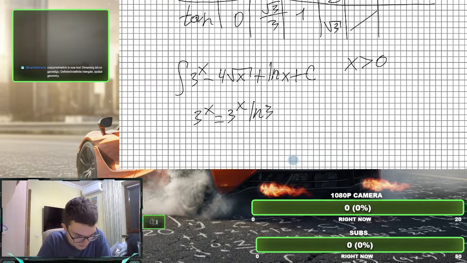Let me check it out. In the formula sheet here, it's not displaying what is actually the derivative of 3 to the power of x. So I'll have to remember this somehow. I don't know exactly how.